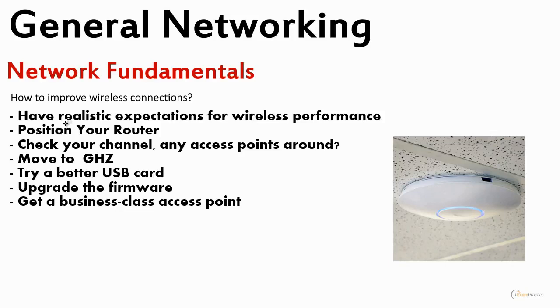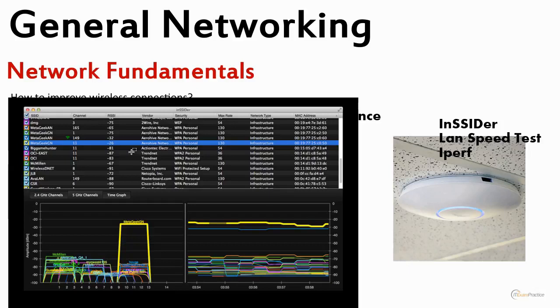Check your channel. Any access points around? You can use an application that is called inSSIDer. That is the screenshot. It will show you all access points, all SSIDs that are in your range. You can compare. Please note here, you can see that this area is pretty busy.